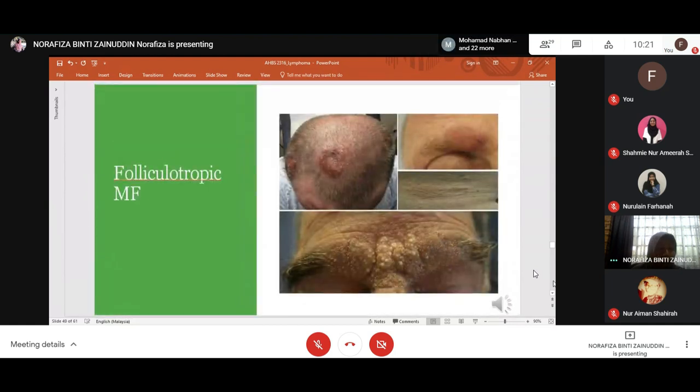And for patients with folliculotropic MF, the lesions are affecting the head and also the neck area. When located within hair-bearing areas, it may cause alopecia, atau kebotakan lah. Patches or plaques can be composed of cyst-like or follicular-based papules, like this.